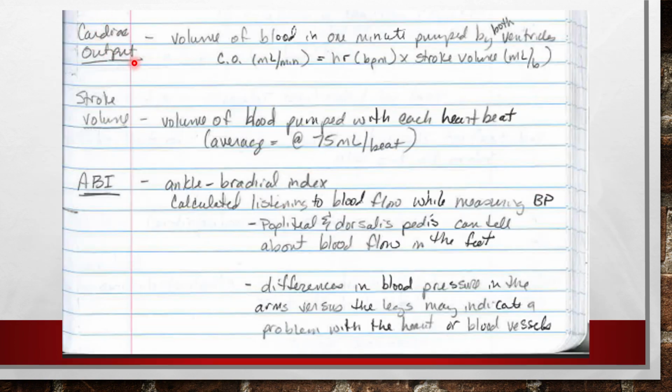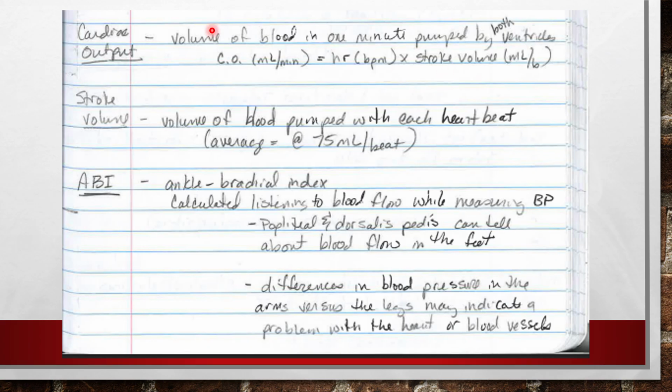Cardiac output. This is the volume of blood in 1 minute pumped by both ventricles. Cardiac output is in milliliters per minute, which equals your heart rate, your beats per minute, times your stroke volume, milliliters per beat.